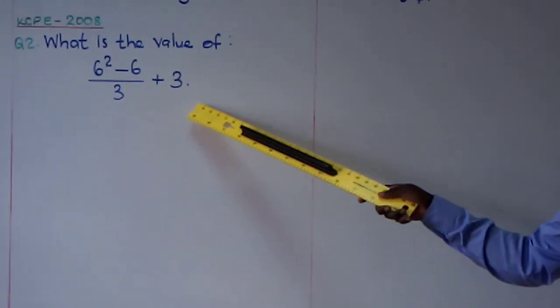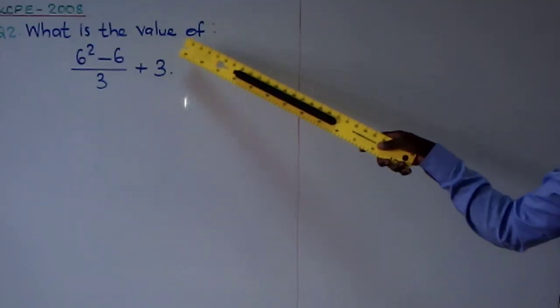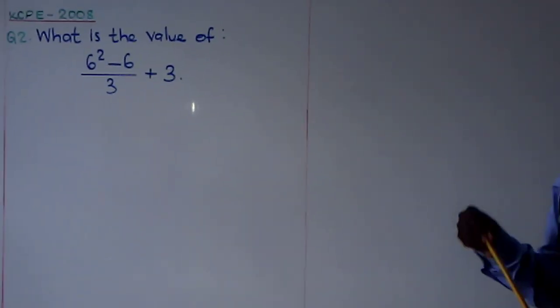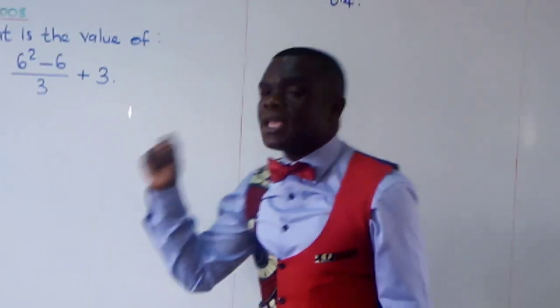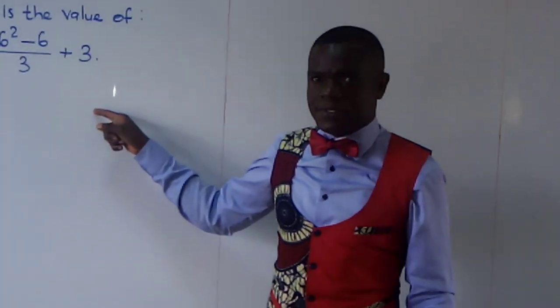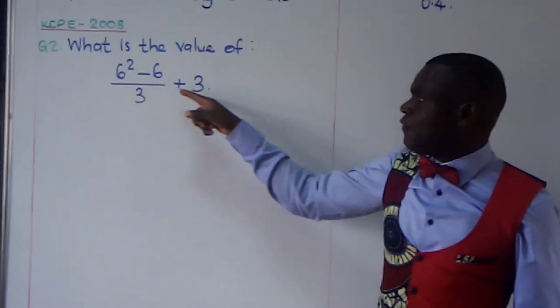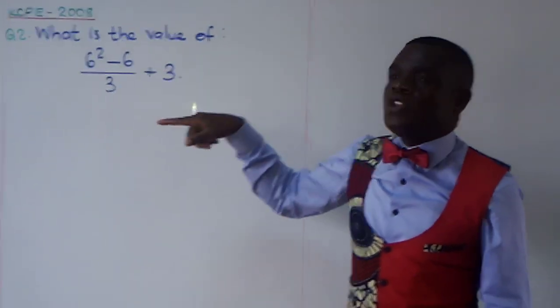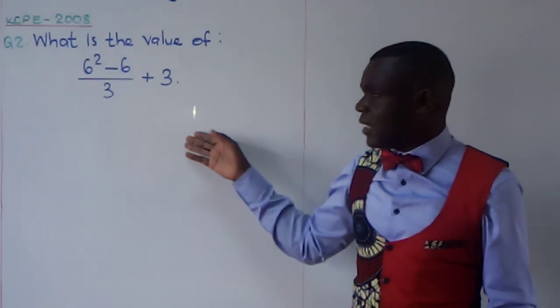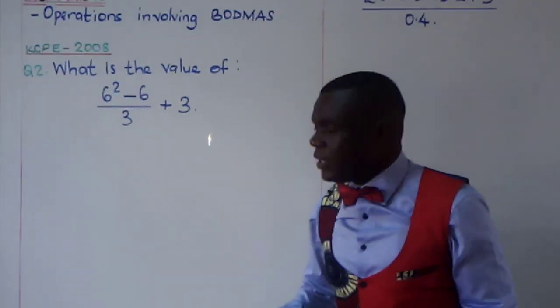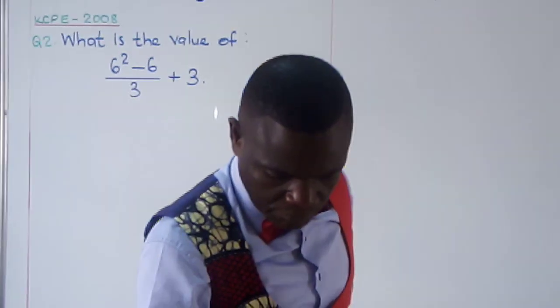So 3 is a whole number standing by itself. Those are some of the nitty-gritty things you need to check on such sums. Because if you put 3 above as a numerator, you will still get an answer, but it's not the correct answer. Right? So let's look at what we ought to do, boys and girls.